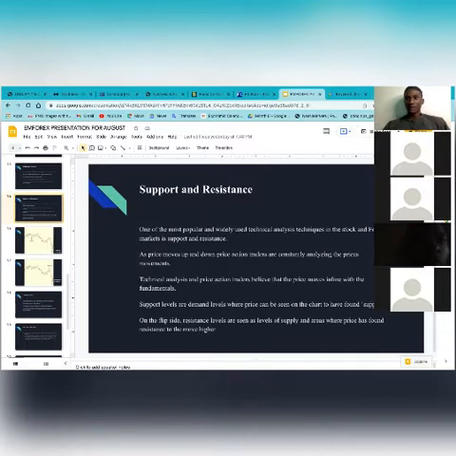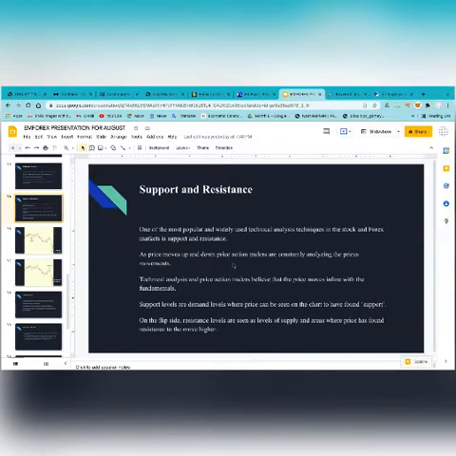Now, support and resistance are not just ordinary technical analysis tools. They are more than technical analysis tools for me, and I'll be showing you why. Now let's read what we have here. As price moves up and down, price action traders are constantly analyzing the price movement.